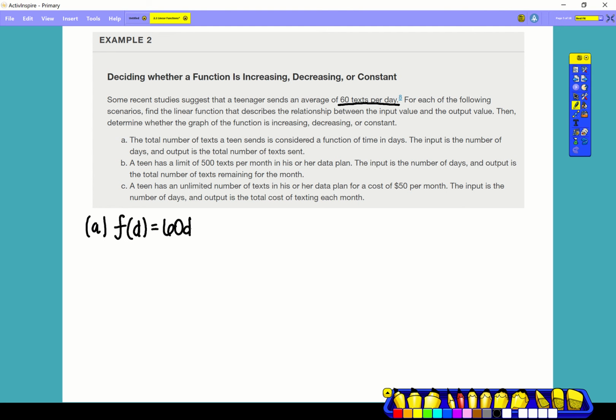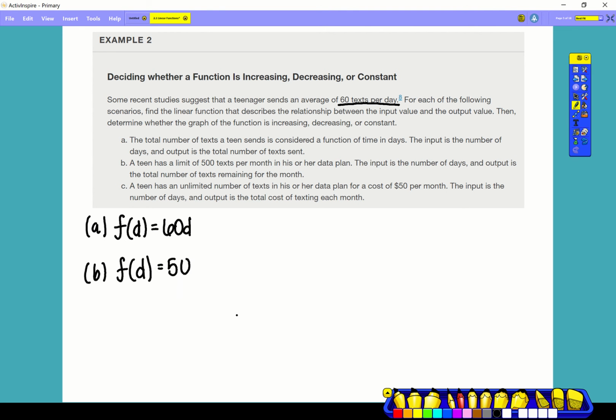Now, for B, a teen has a limit of 500 texts per month in his or her data plan. The input is the number of days, and the output is the total number of texts remaining for the month.